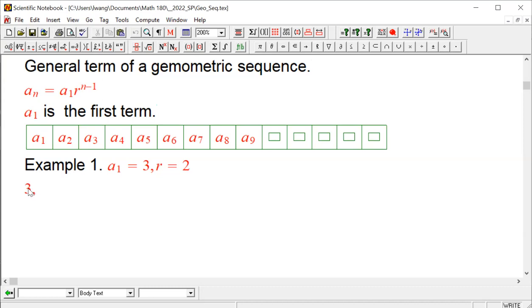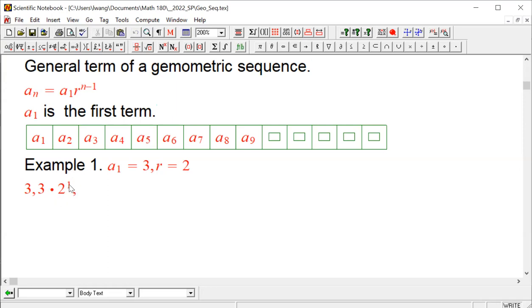And what will be the next term? The second term is a sub 1 multiplied by r to the power of 2 minus 1, because the index is 2. So, 3 times 2 to the power of 1.